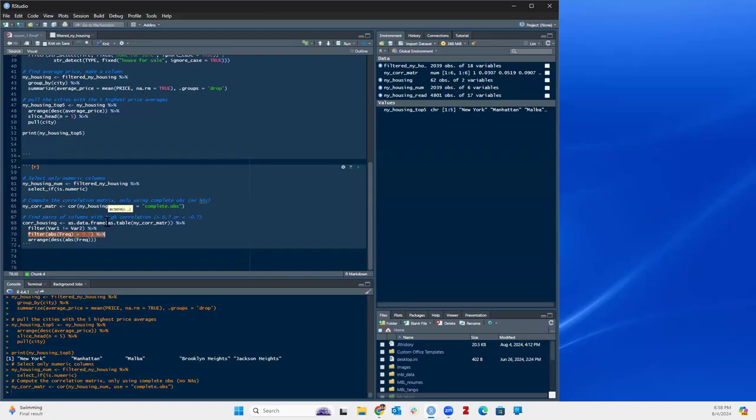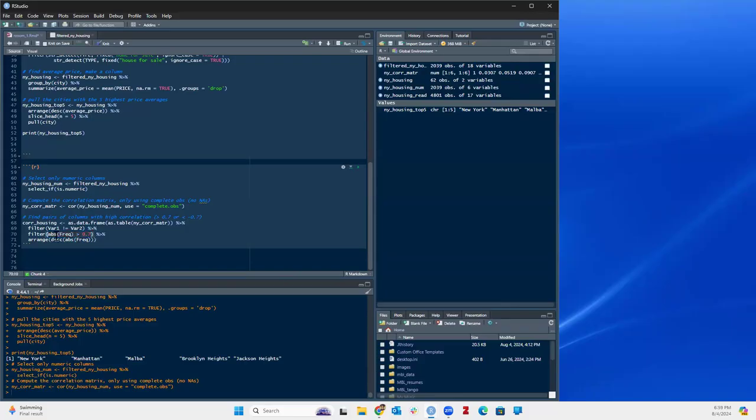Anything above 0.5, 0.8, those are considered meaningful and significant correlations. So essentially I'm telling the computer to filter out only the times in which the correlation is stronger than 0.7. And with this ABS function, you're saying absolute value.